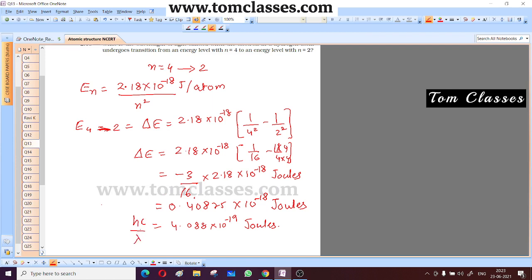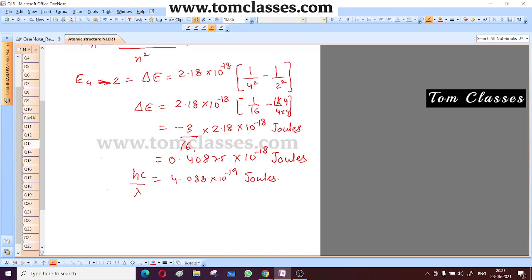Now to find the wavelength, better is that I think we should have used the Rydberg constant. If we would have used that formula, 1 by lambda equals Rydberg constant into 1 by n1 square minus 1 upon n2 square, it would have been better. So we could have used that formula here as well.